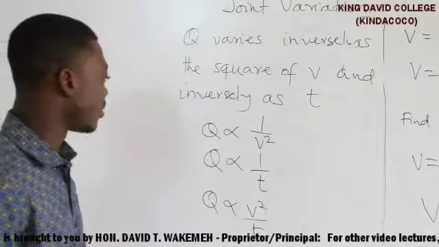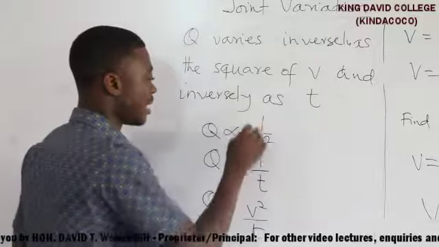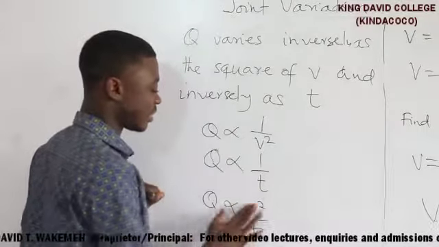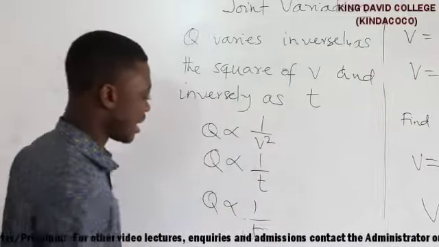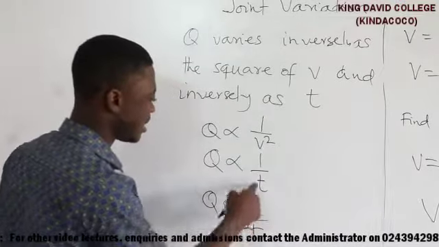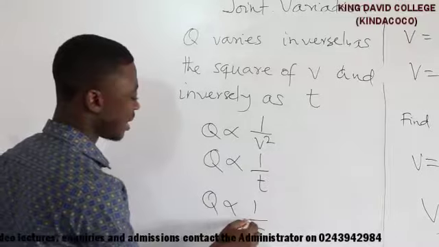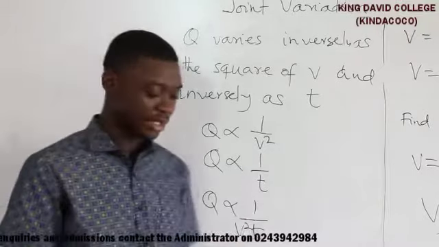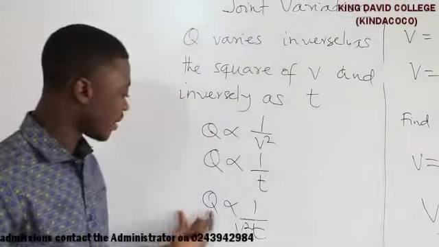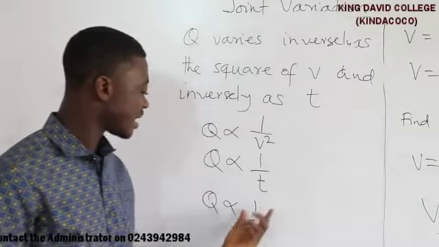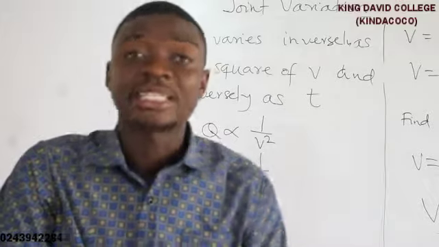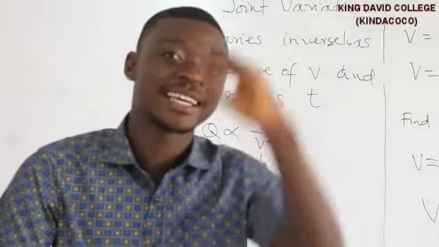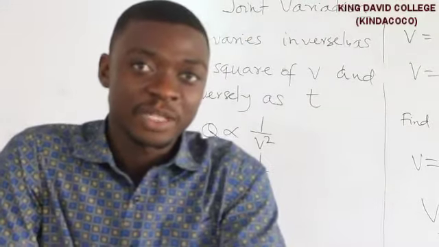Then when I fuse the two, 1 is at the top, V squared is at the bottom, and T is also at the bottom. So at the end of the day, after fusing, Q varies inversely as V squared T. That is how joint variation and every single format works.